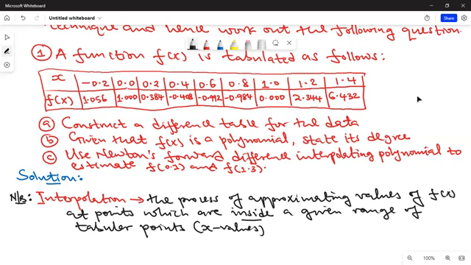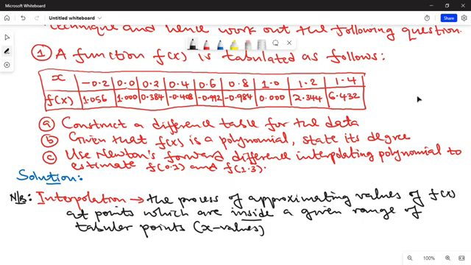Now, when you go outside that range, you see the range for x values is negative 0.2 to positive 1.4. When you go outside the range, let's say you want the value of f of x when x is 1.6, you see 1.6 is outside the range. Also, maybe you'll want to know the value of f of x when x is negative 0.4. Again, that is outside the range.